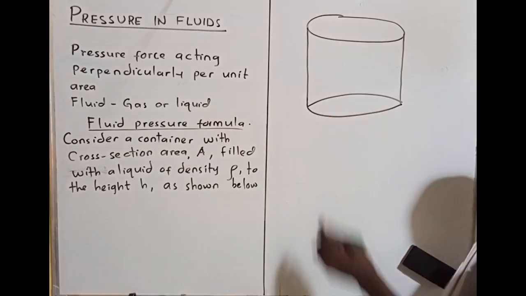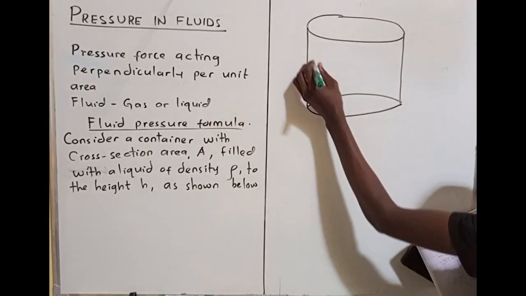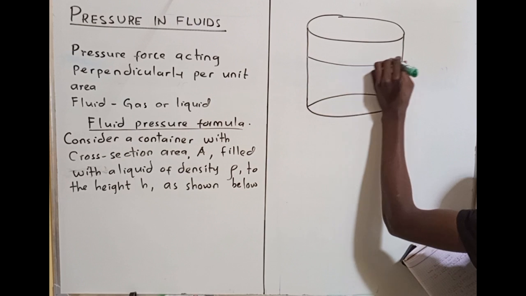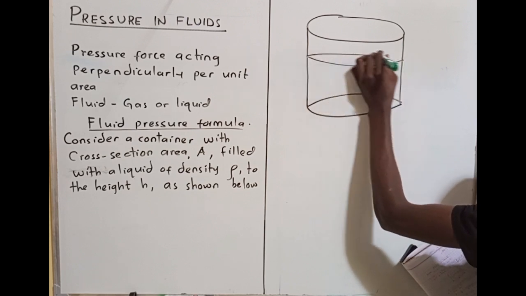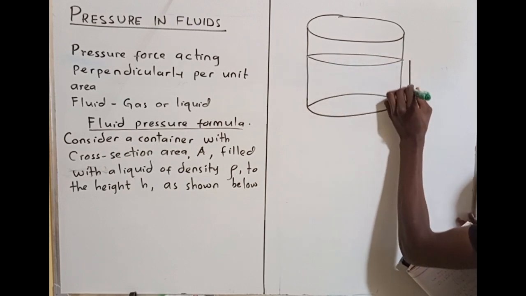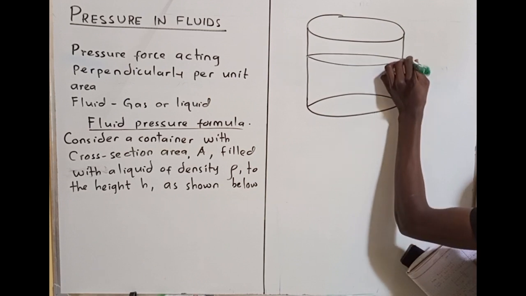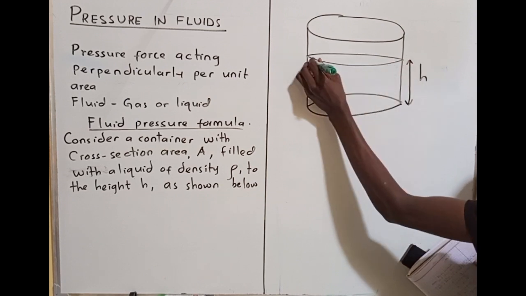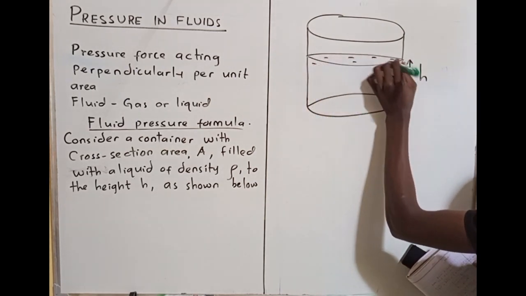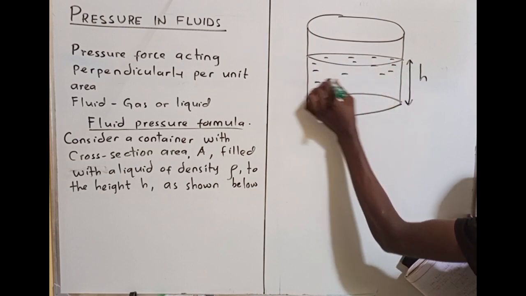Now we have a container containing liquid up to this height on the base. So the depth of the liquid is h, and this is the liquid inside the container.